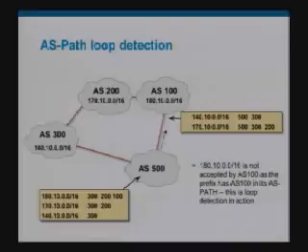You can have a look in the internet. Somebody did a study about 2 years ago, and there were about a dozen of these. It was hard to figure out if they were configuration errors or deliberate. Looking at 2 or 3 of them, I was pretty sure they were deliberate. It's what's called AS path poisoning, and they're abusing this loop detection thing in BGP. Okay, so that's loop detection.